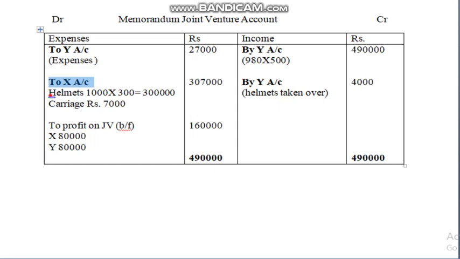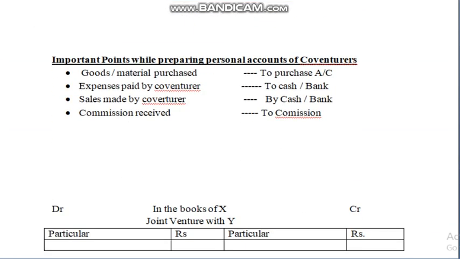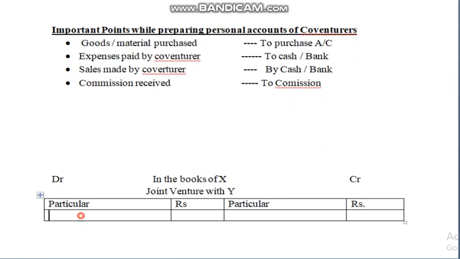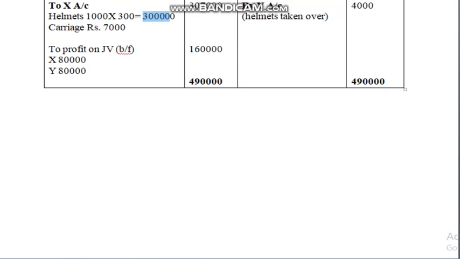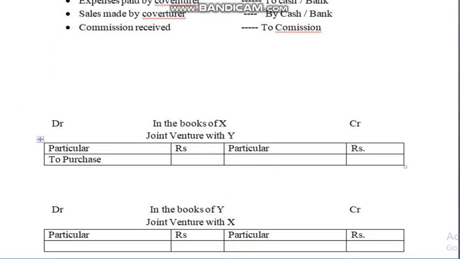In X account, X purchased helmets. So these are the goods, or these are the materials. So materials always debited with purchase. So in X account, to purchase, rupees 3 lakh. So purchase is over.